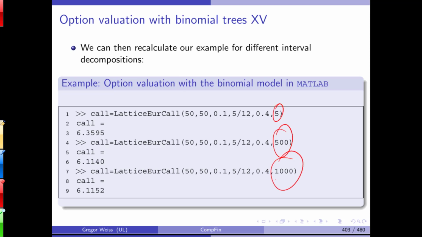And again, what I told you before, if you increase the steps you're using to discretize the maturity of the option, you are getting closer and closer to the price from the Black-Scholes model, because you're now approaching what intuitively mimics continuous time. Obviously it's not, but it looks a little bit like it. So with 1000 steps we get 6.1152, and we're getting closer to the Black-Scholes option price.